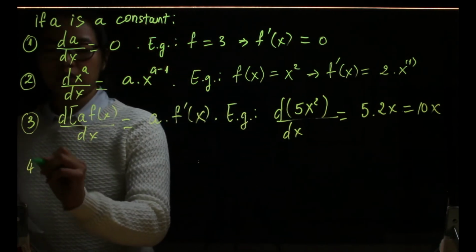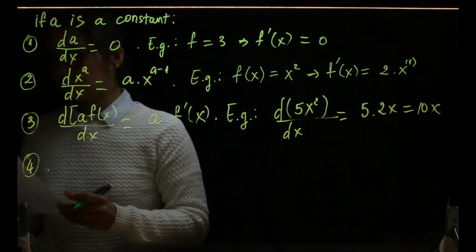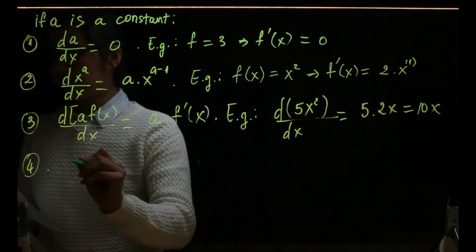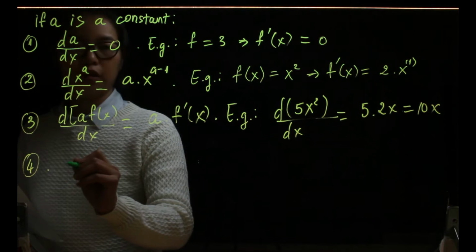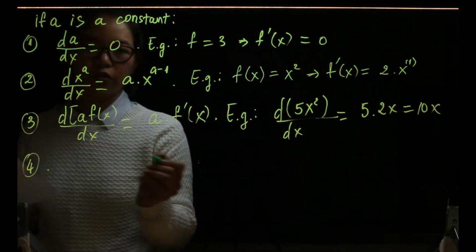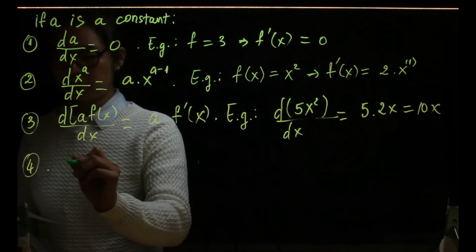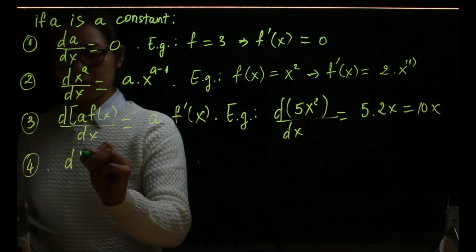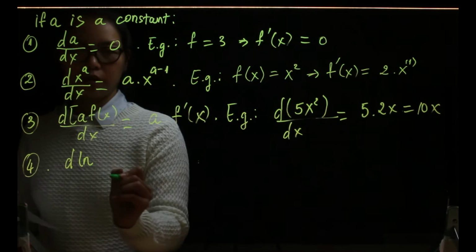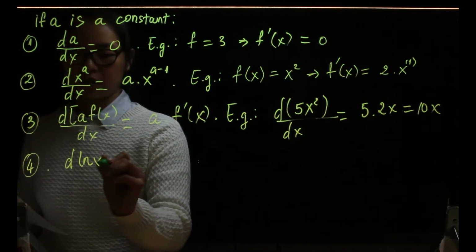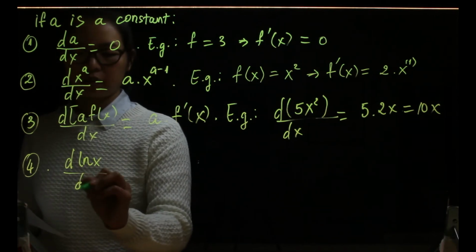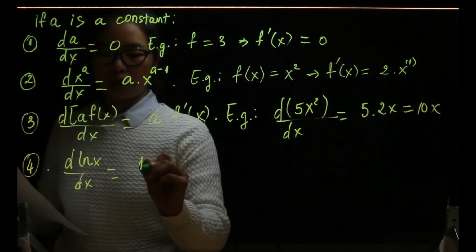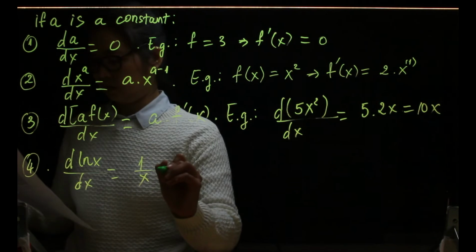The fourth rule, so if we have the natural log of x, this is not really straightforward, but right now we just remember it, then the derivative of the natural logarithm of x with respect to x will be 1 over x.